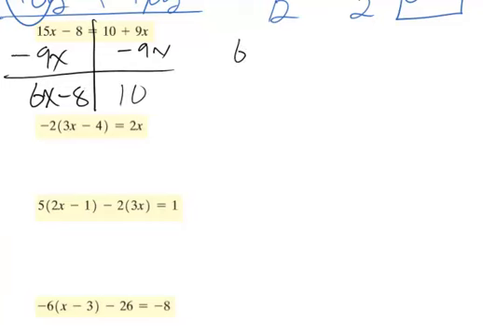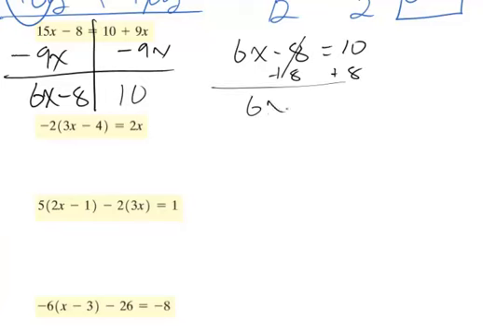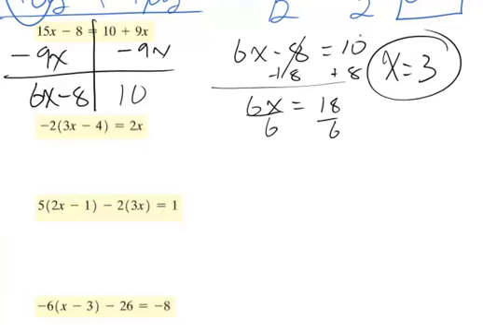So now if I have 6x minus 8 equals 10, I need to add 8 on both sides. That's going to leave me with a 6x is equal to 18. And when we divide both sides by 6, we should come up with x is equal to 3.